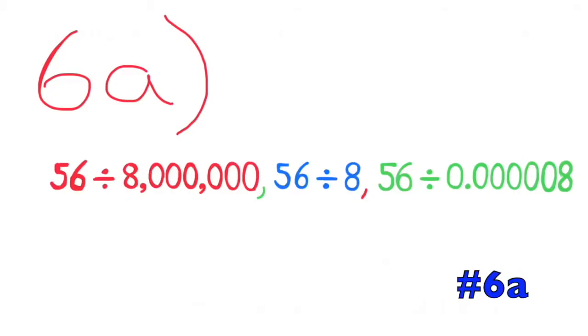Next would be 56 divided by 8. And then finally, the largest value would be 56 divided by 8 millionths, because 8 millionths would go into 56 many more times than 8 would go into 56, or 8 million would go into 56.